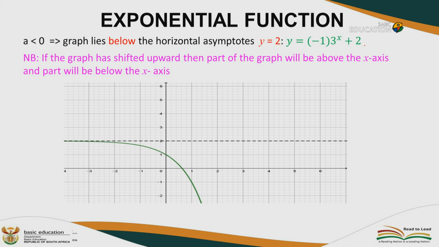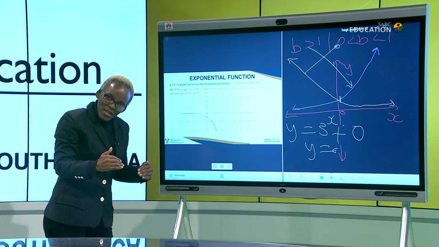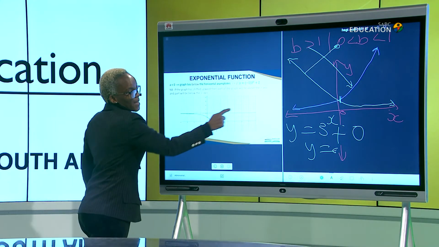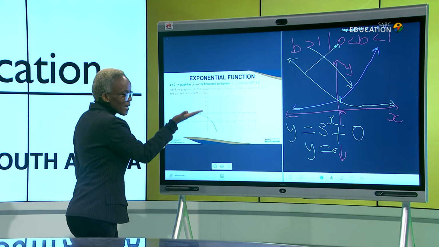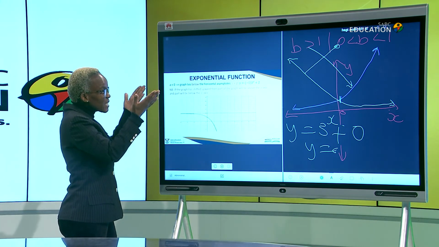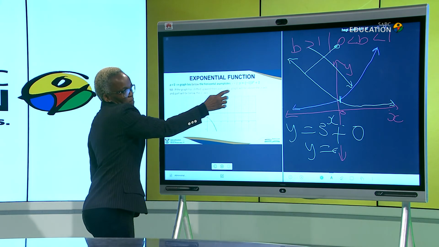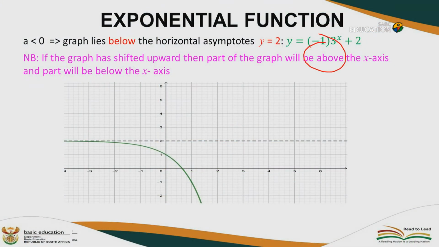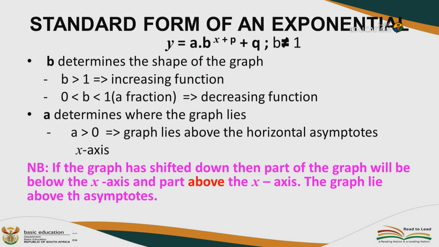When A is negative, it will be below the asymptote. Always when A is negative, it's below. So the asymptote, this time it's -2. So the graph, where is the graph? Below the asymptote. But when it has shifted upward, what will happen? Part of the graph will be above the asymptote. It's the asymptote that determines the graph.